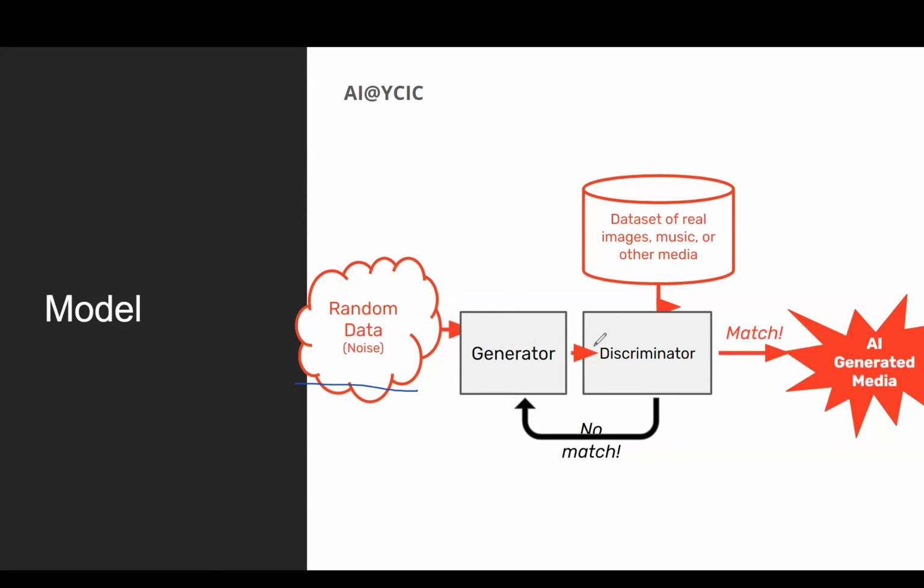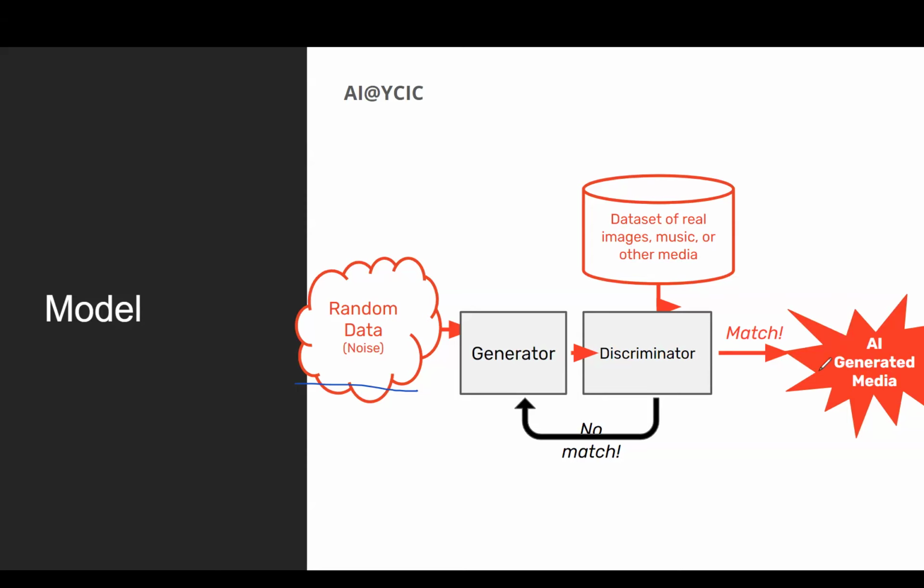So then it asks the discriminator, and the discriminator also has a data set of real images, music, or other stuff. The discriminator compares the two pieces of media and decides if it looks like it was created by a robot or not by comparing if they look similar. So for example, if the discriminator had pictures of the animals, it would see if this media generated by the generator looks like it could be one of those animals.